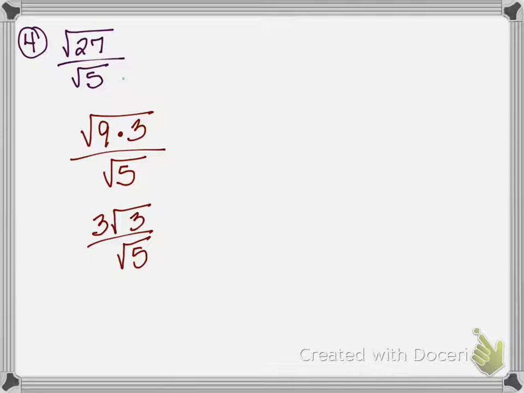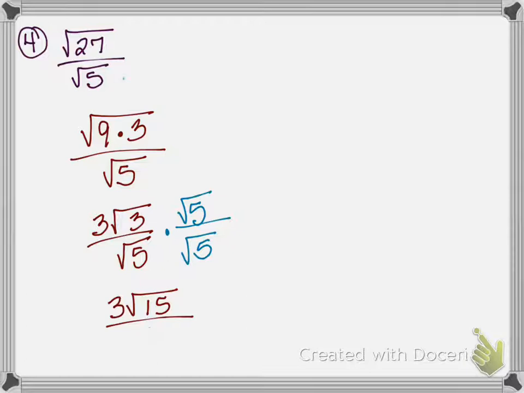Now I'm going to deal with this square root of 5 in the denominator. So now I've got the square root of 5 over the square root of 5. So 3 stays on the outside. Then I have the square root of 3 times the square root of 5. What's the square root of 3 times the square root of 5? Square root of 15.